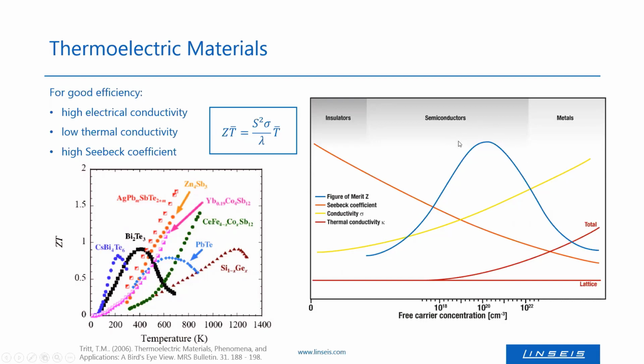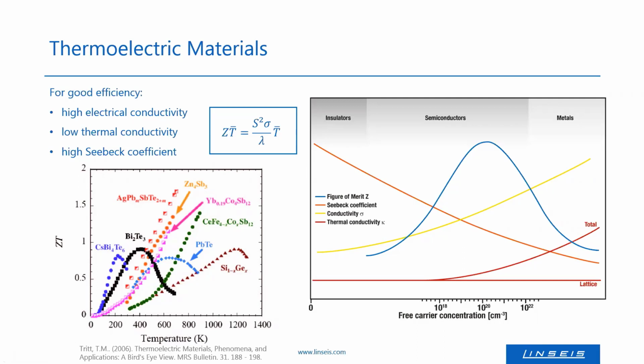The figure of merit is the highest in the region of semiconductors. Furthermore, the performance of a semiconductor as a thermoelectric material depends also on the carrier concentration. The carrier concentration I just mentioned before can be characterized accurately with an HCS.